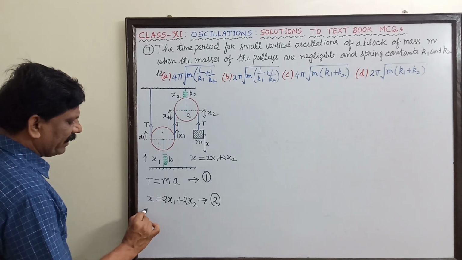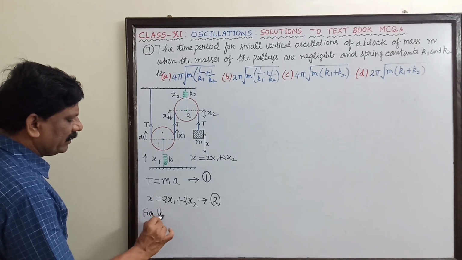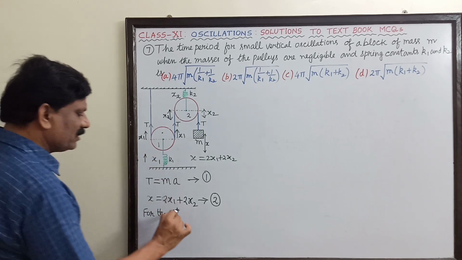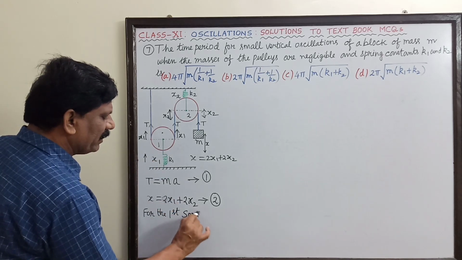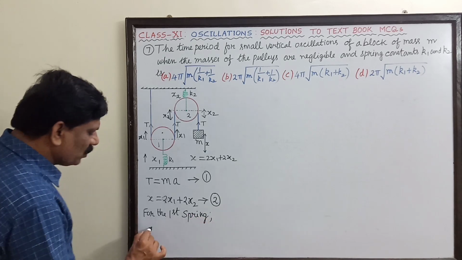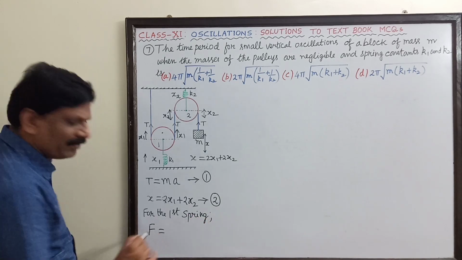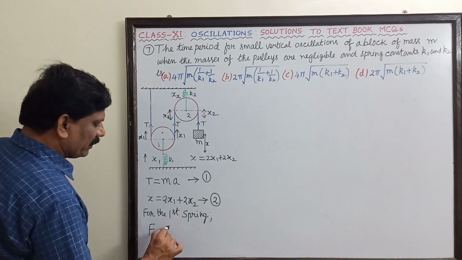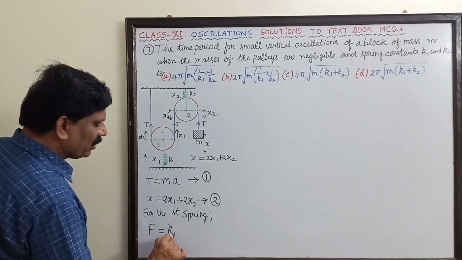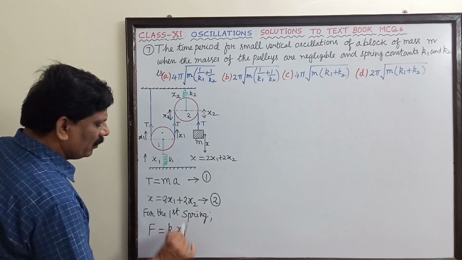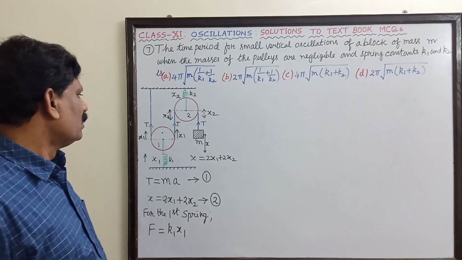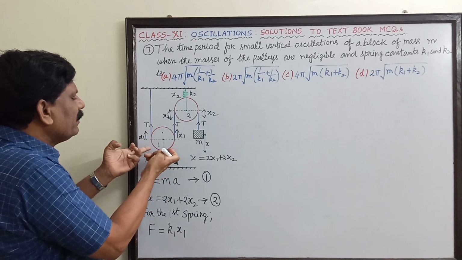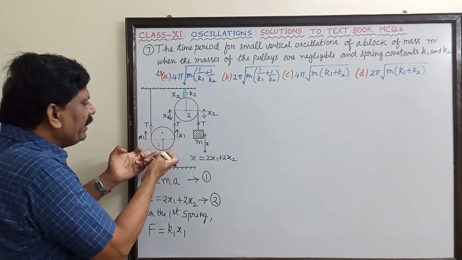First I will write for the first spring, only the magnitude I am writing. So K1 into x1. So restoring force is equal to K1 into x1. Now you see here, how many strings are pulling this first pulley upwards.